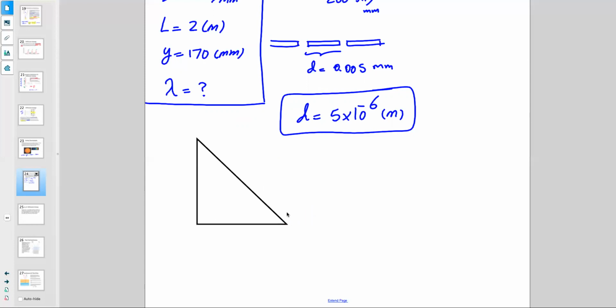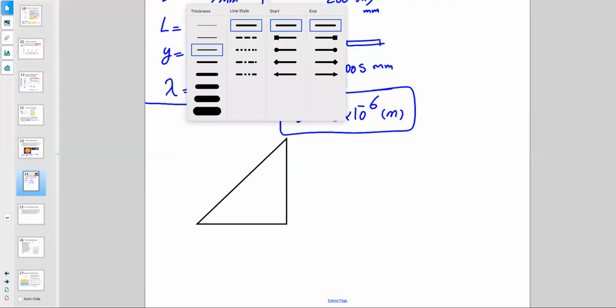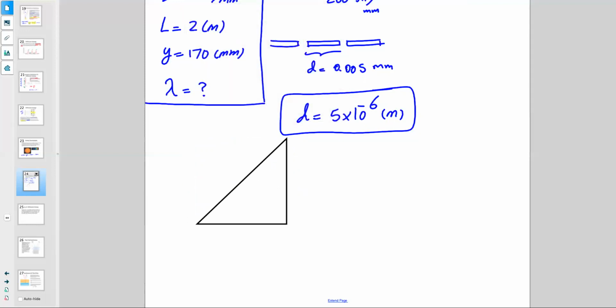We have theta here, and L here, which is 2 meters.